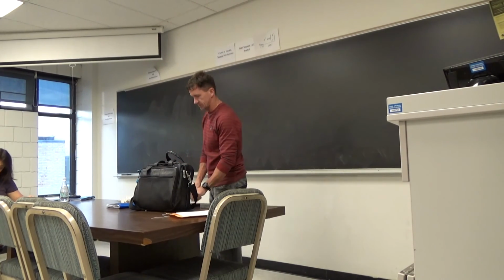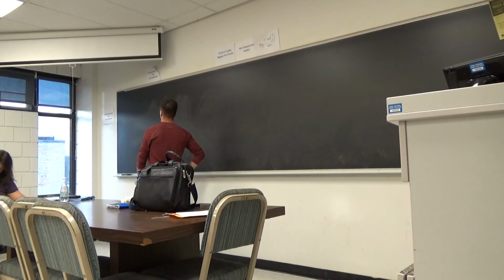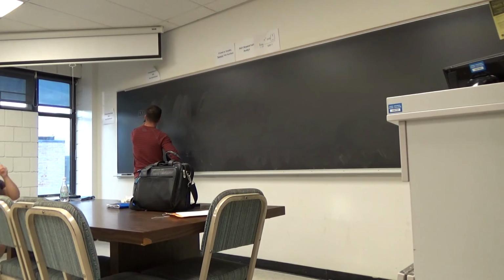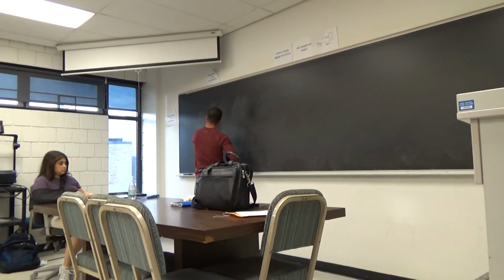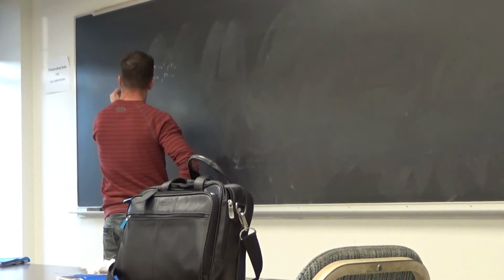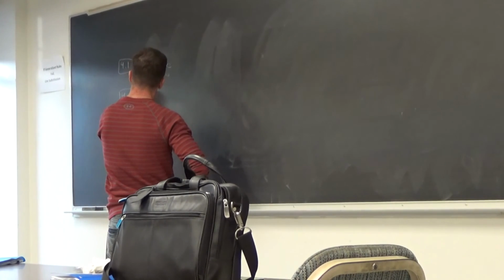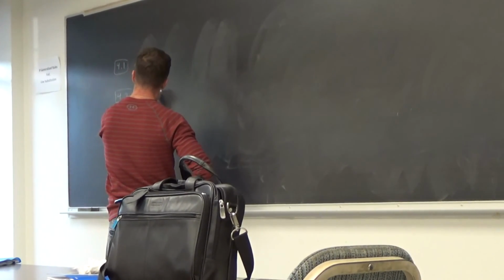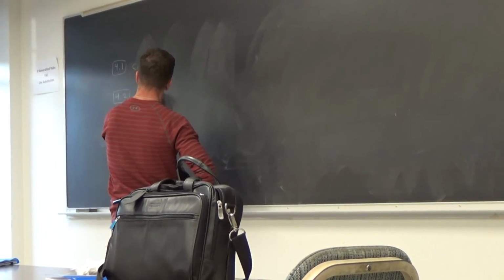So that's what we're doing. 4.1 is still just this idea of what critical points, max and mins are, and we'll get to 4.2, the mean value theorem.